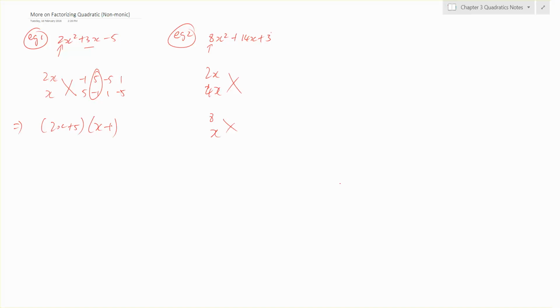We're lucky here in that we only have 3, so the possibilities are 3 and 1 or 1 and 3. We also have the possibility of -1 and -3, or -3 and -1. Similarly, we have the same possibilities for our other factors.